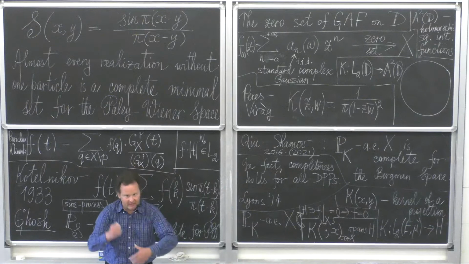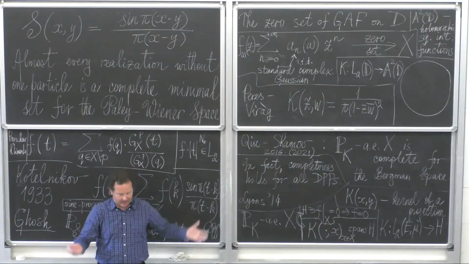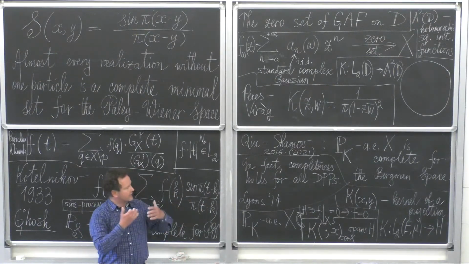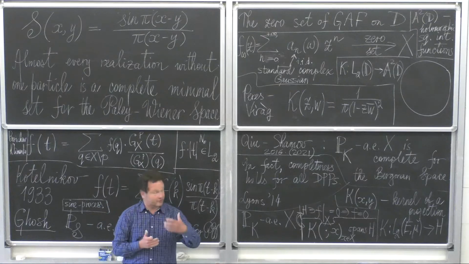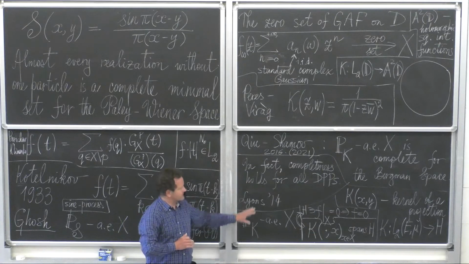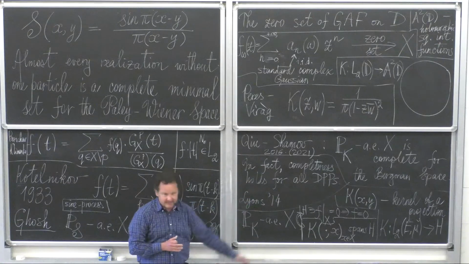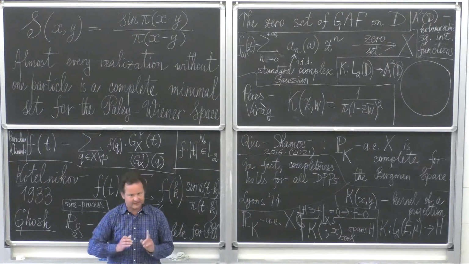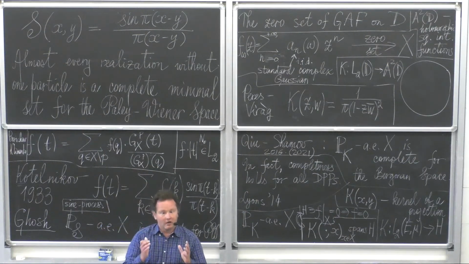Okay. So given any projection in any space, for example Bergmann space or sine process, but any other, almost every realization of these determinantal point processes is a uniqueness set for this space.